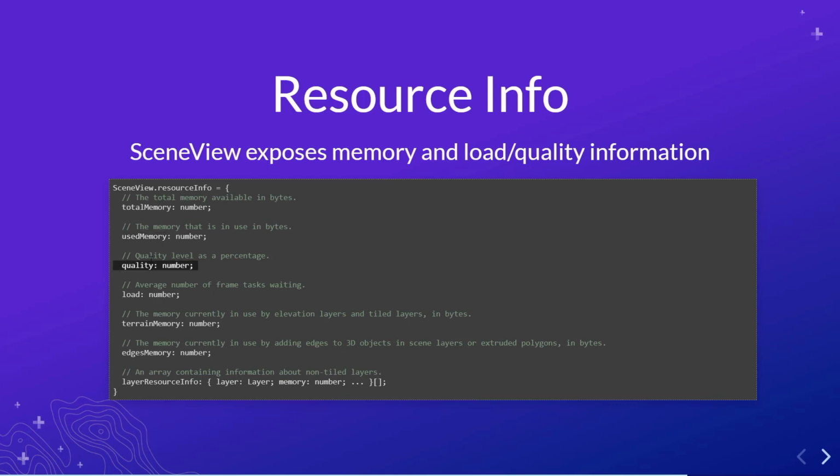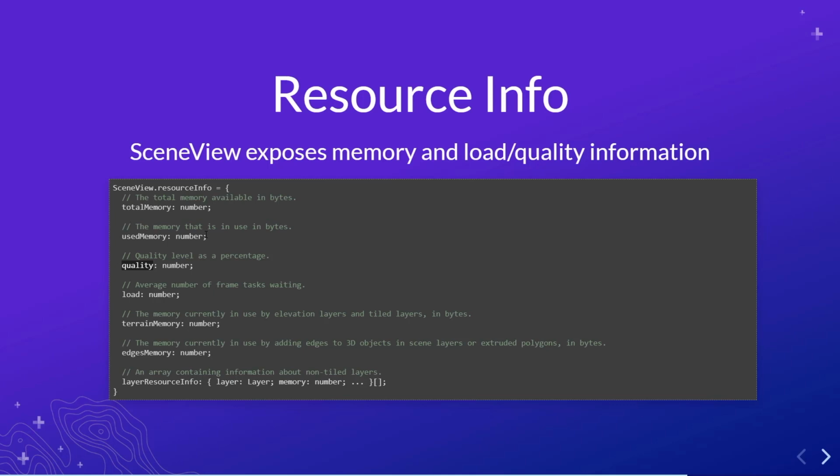Quality is our metric for telling you if we think that we had to drop the quality because of resource limitations. So say that we load a scene layer and we would like to render the scene layer at a higher resolution, but we can't because we hit the memory limit.